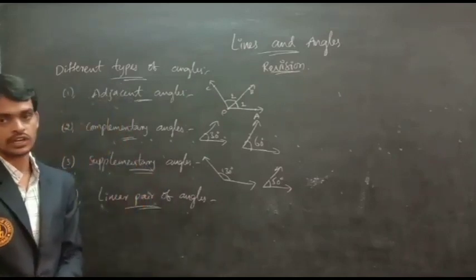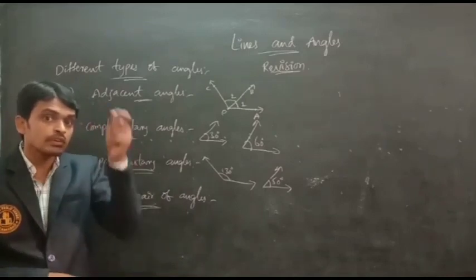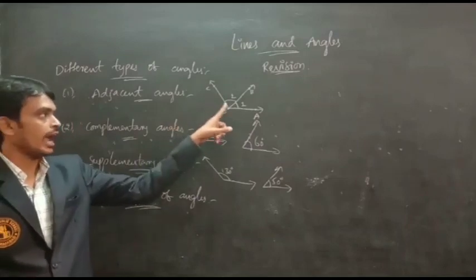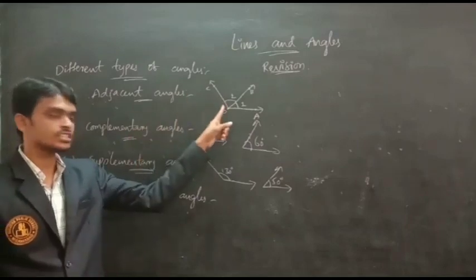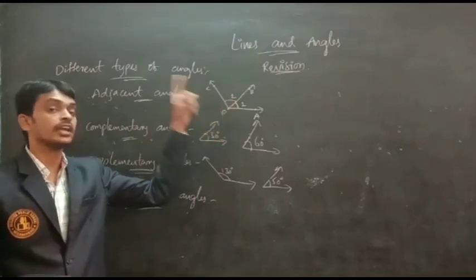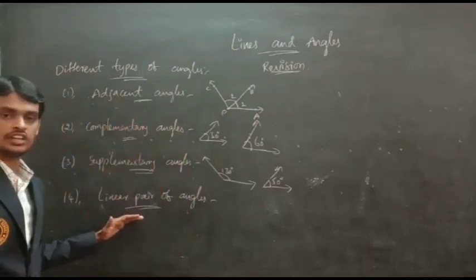So look here, a pair of adjacent angles, sum is 180 degrees. First of all, the angles should be adjacent, and after that the two angles should add up to 180, then the angles are said to be a linear pair of angles.